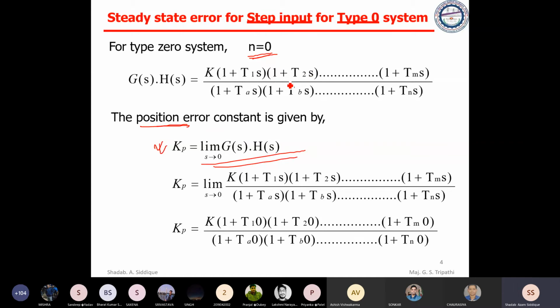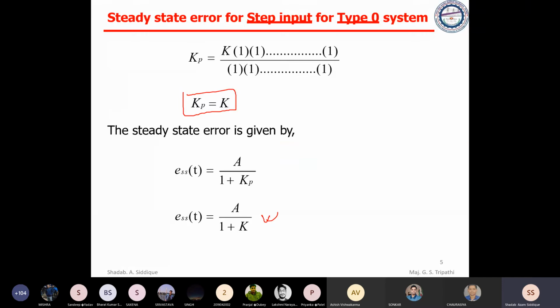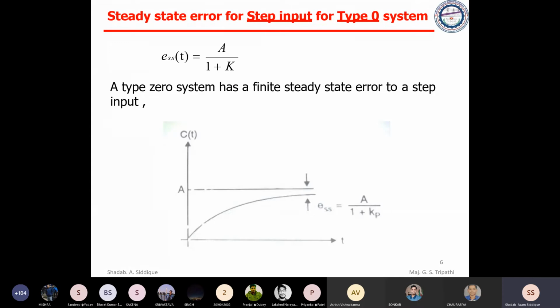But if you want to write directly Kp is equal to K for a type 0 system with a step input applied, you can write it directly, whatever the problem is given. No need to find all these things, but it should be in time constant form, so that the s terms become 0 everywhere and 1 is multiplied to all. So this is the shortcut to find it. Otherwise you can go through the conventional approach.